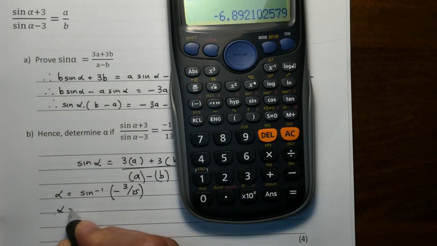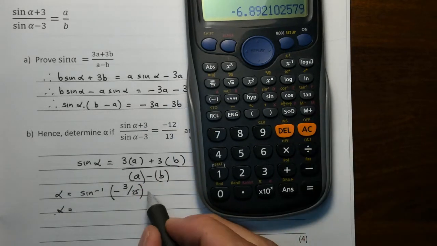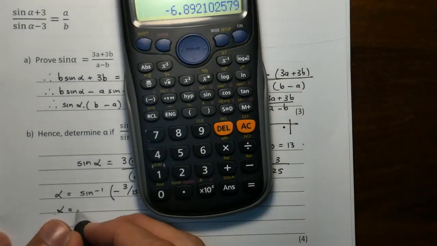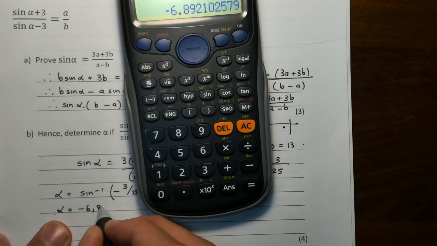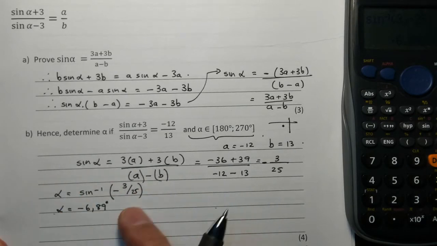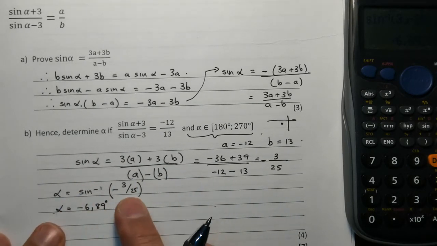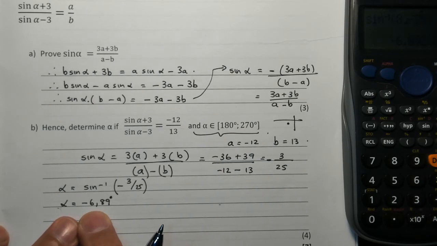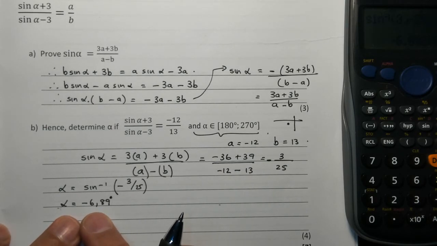So alpha, in this case, becomes minus 6,89 degrees. That is if I use just my rule, inverse sine, to get to the angle. Okay, now that would mean something for me.